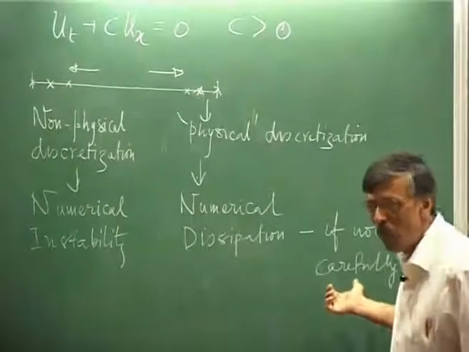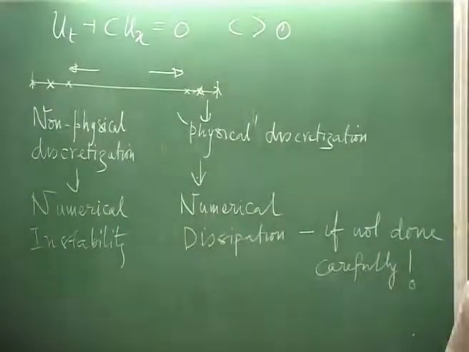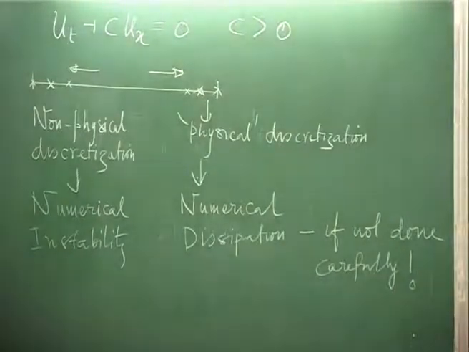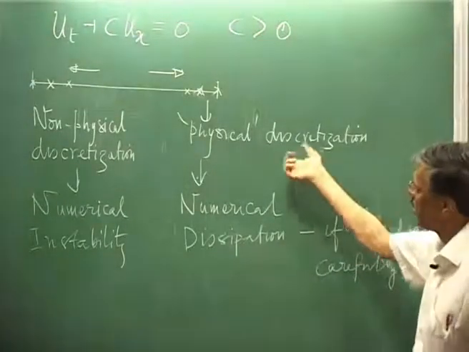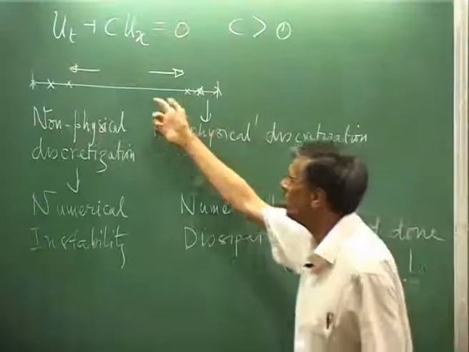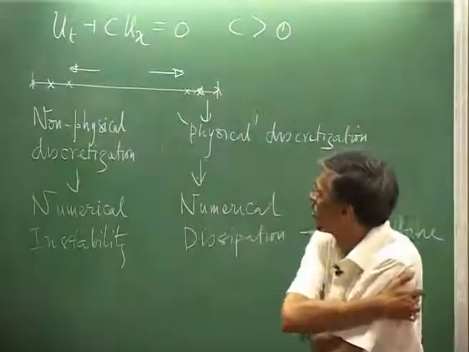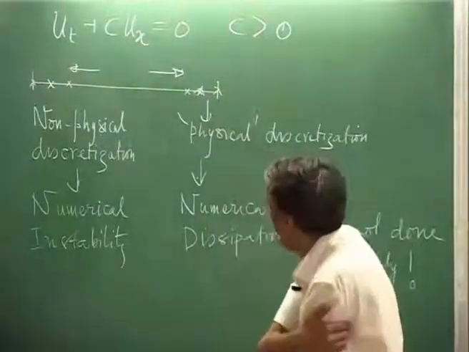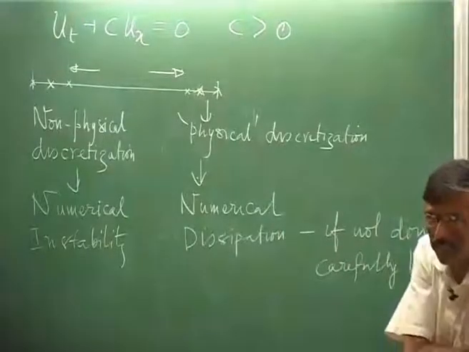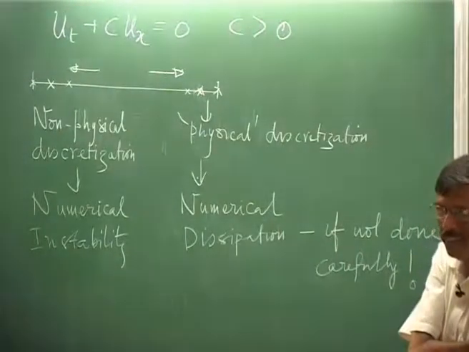At the most, you can hope to do it without any additional numerical dissipation, but at least it would not do. Now, you may ask me a question: then how come people still do it and get away with it?